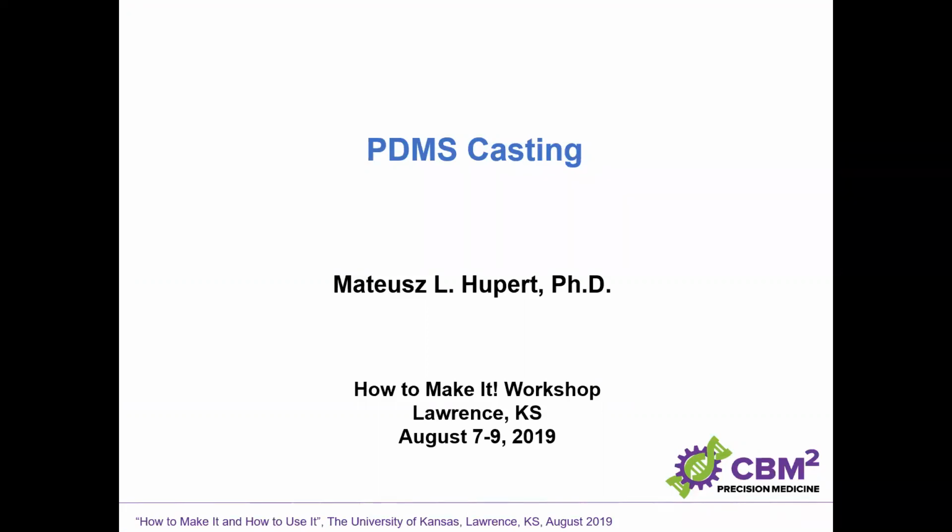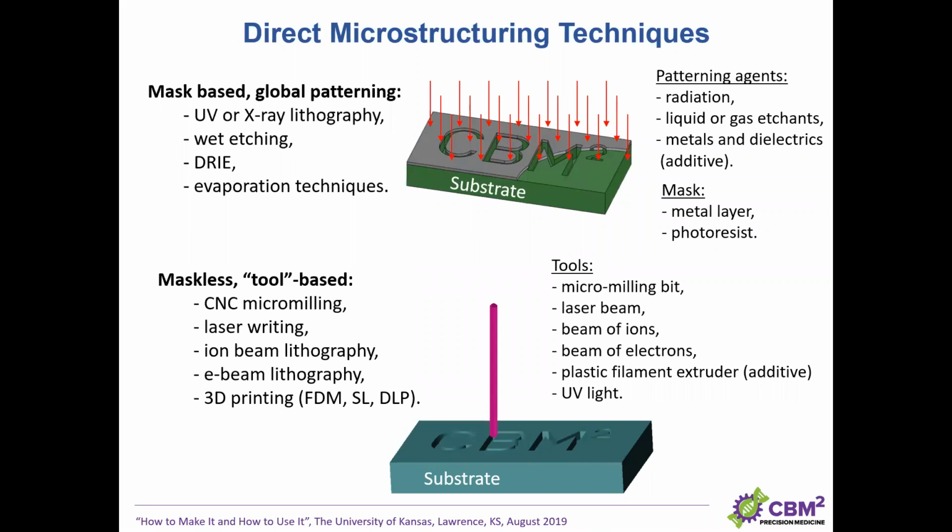So the second part of the morning talks is a continuation of the manufacturing techniques for microfluidics. In the morning, we've covered different direct microstructuring techniques, both mask-based and maskless.